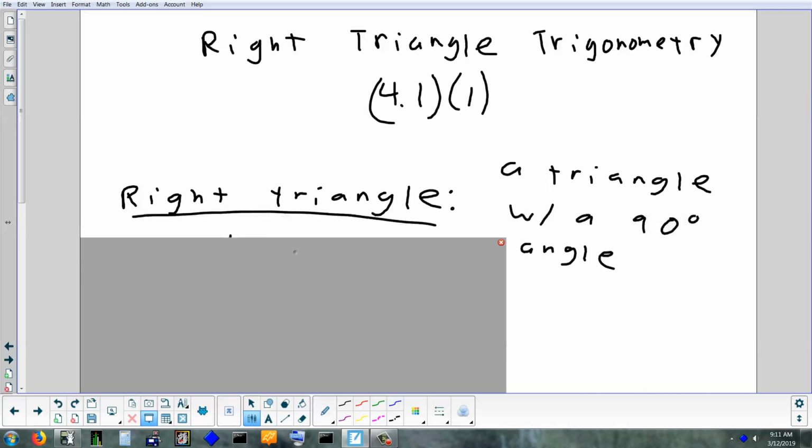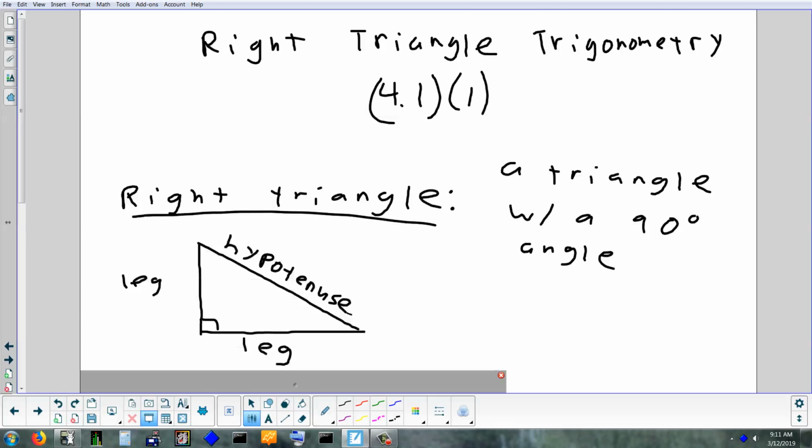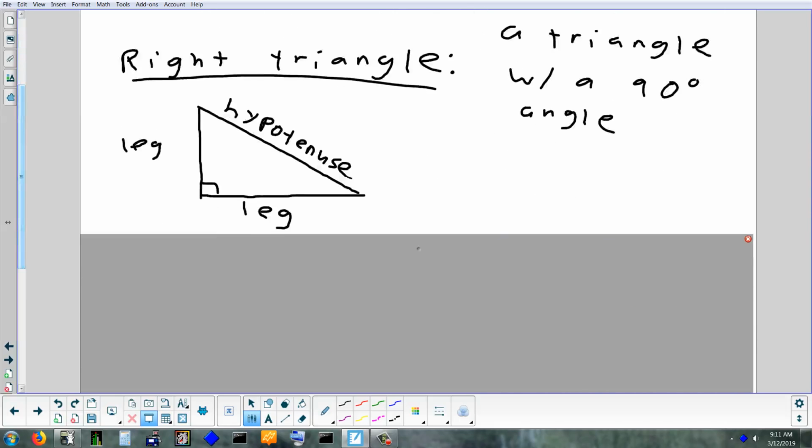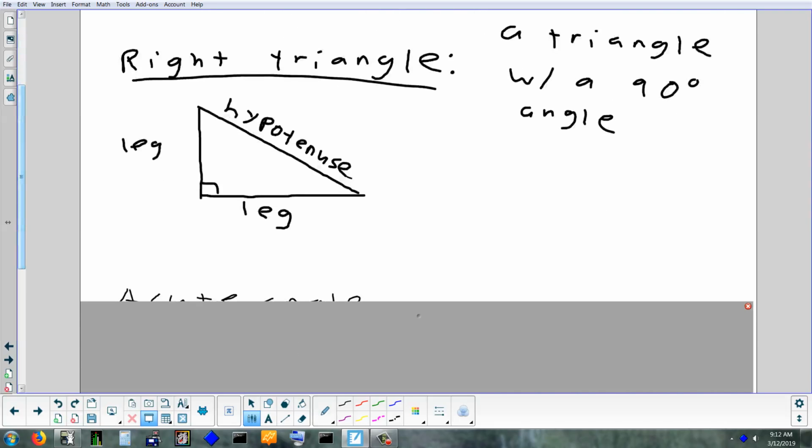What do you call the longest side in a right triangle? The hypotenuse, yep. And what do you call the two shorter sides? The legs. So there's a picture of what we just said. We've got the hypotenuse, that's the longest side, and then we've got the legs, those are the two shorter sides.